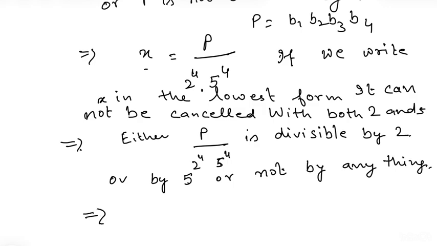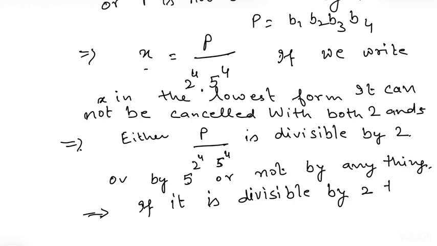This implies, if the two cases are there, if it is divisible by 2, then not by 5.